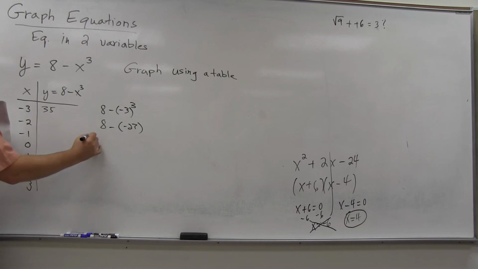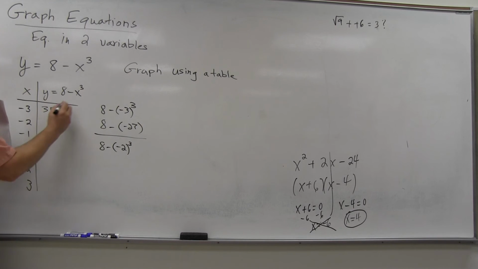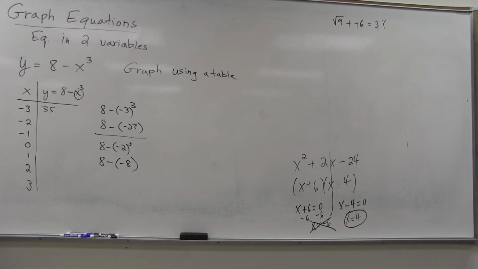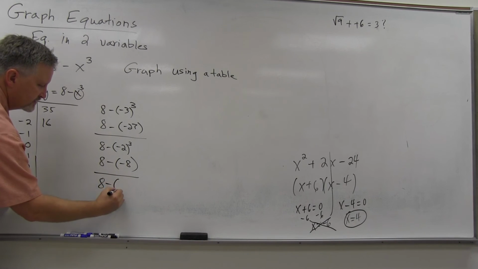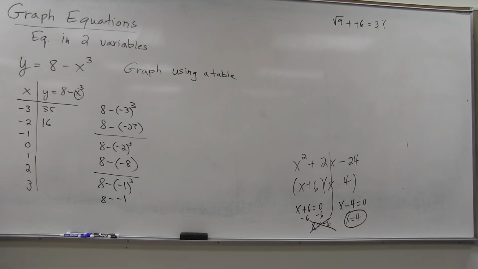Then -2, so plug in the -2 there for x. That's all I'm doing, just plugging in the x value. What does that come out? 8 minus a -8, 16. 8 plus 8. -1: 8 minus -1 cubed, so that'd be 8 minus a -1. 8 plus 1 would be 9.